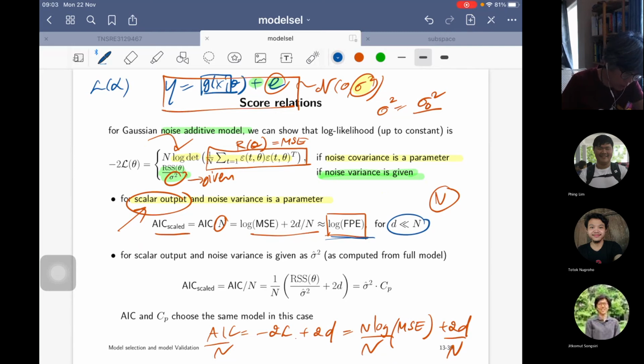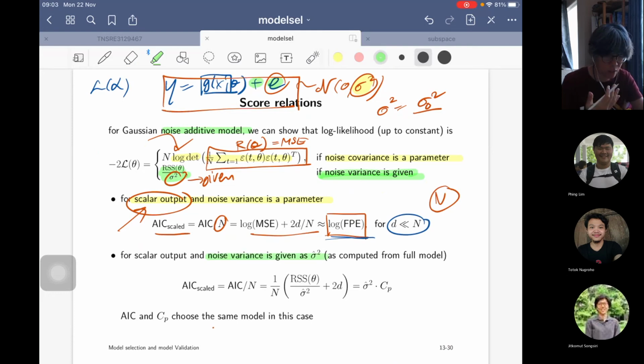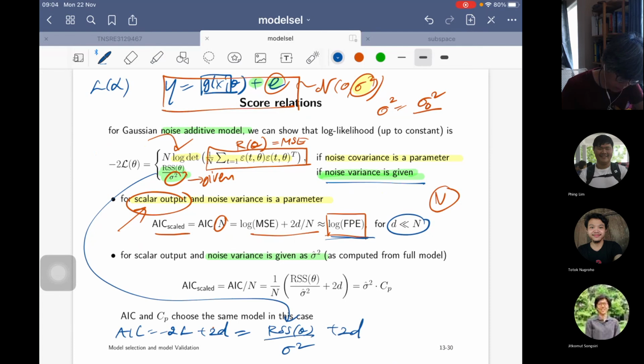The second relationship is for the green case, which means the noise variance is given, not a parameter to be estimated, for scalar output. So AIC is negative 2L plus 2D, but when the noise variance is given, it is RSS divided by sigma square plus 2D.